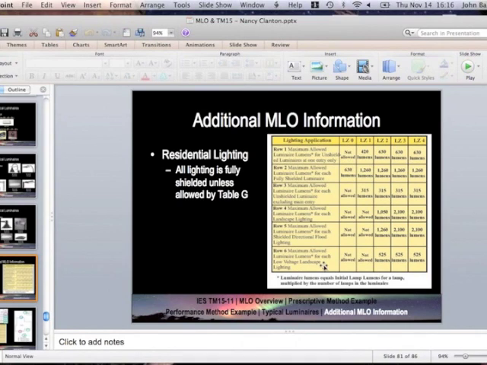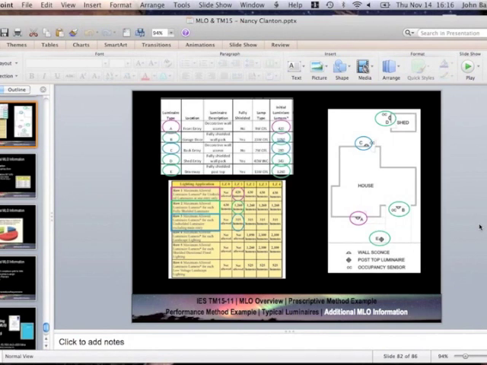We've got landscape lighting, a directional floodlight. And notice directional floodlights are not allowed in lighting zone 0 or 1. You have to be at a much higher lighting zone in order for those to even be applied. I'm going to go through a quick residential example just to show you how to apply it.